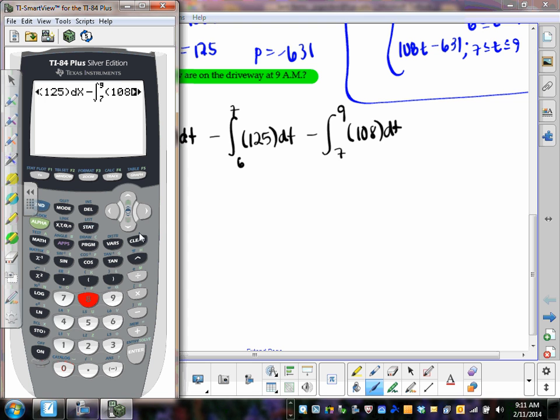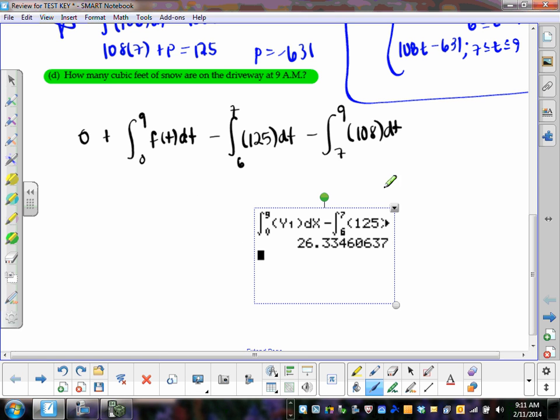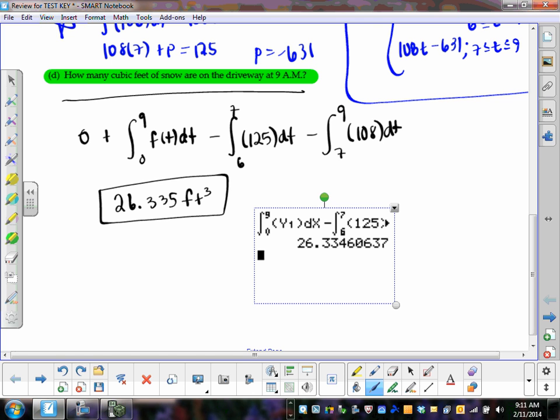Now what's extremely important on here is that you have to write the integrals with the correct limits on your paper. So either you had to do that for part C and have the right values, or you had to do that value here. So now that means the answer is 26.335. It does not tell me to round differently, so it has to be 3 decimal places, cubic feet of snow.